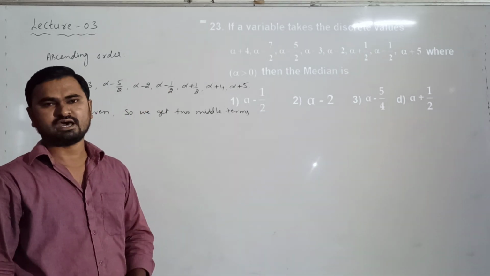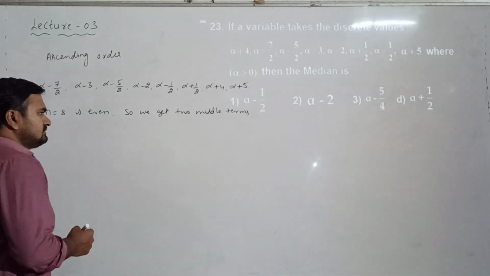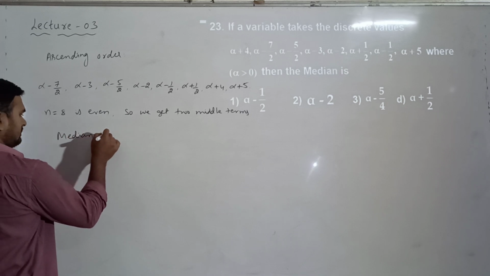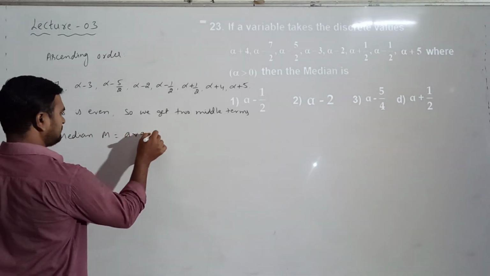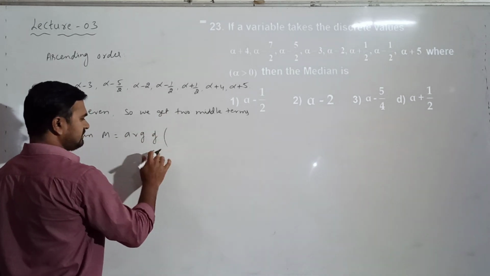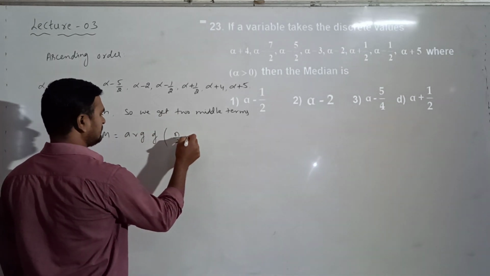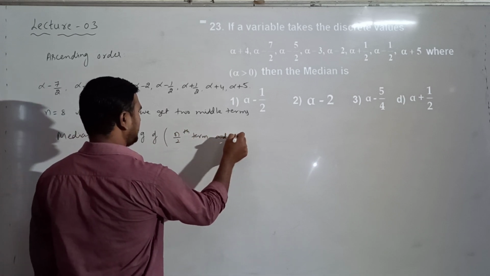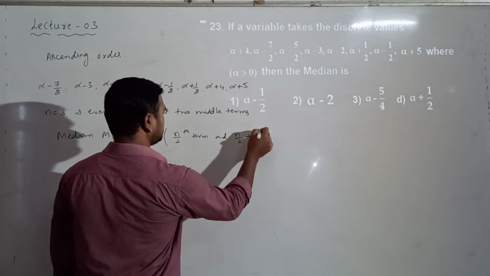The average of the two middle terms. What are the middle terms here? The n by 2 term and the n by 2 plus 1 term.